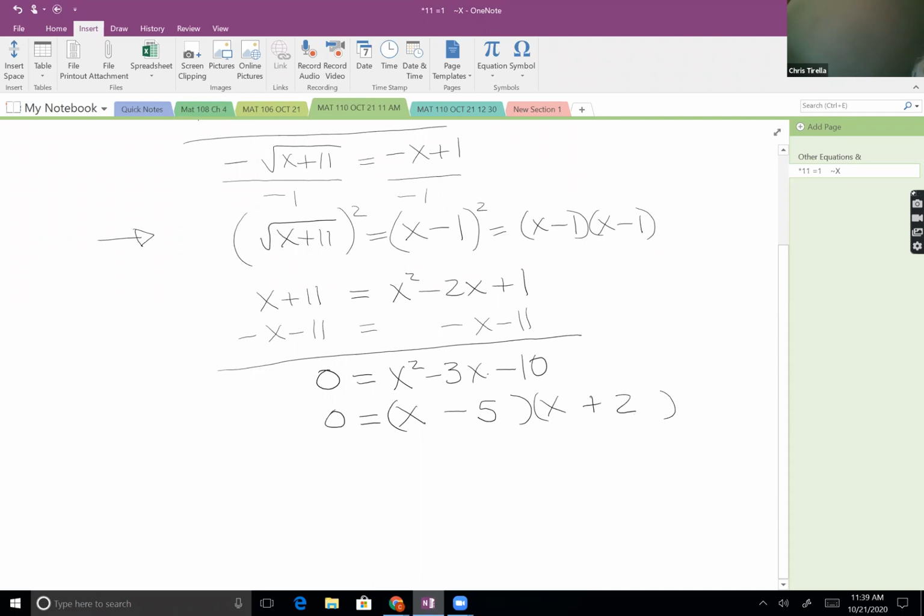And when I FOIL that back out, it would give me that negative 3 in the middle. And so now, since that product has to equal 0, one of those two must be 0. And so adding 5 to both sides, I can get x equals 5. Or subtracting 2 from both sides, I can get x equals negative 2.